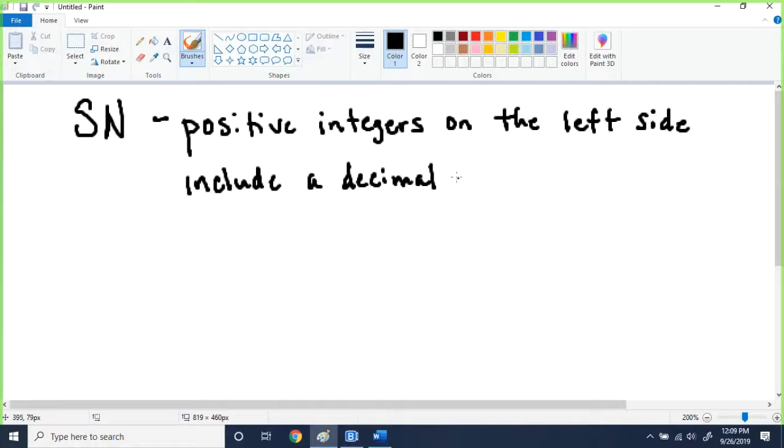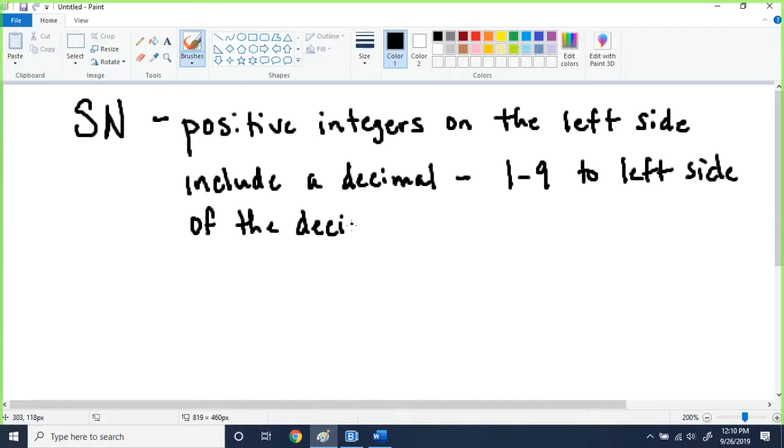And you place the decimal with a number between 1 and 9 to the left side of the decimal. Okay, so it's going to be positive integers, a decimal, times 10 to the power of a positive or a negative number. Okay, so that power is going to be positive or negative.